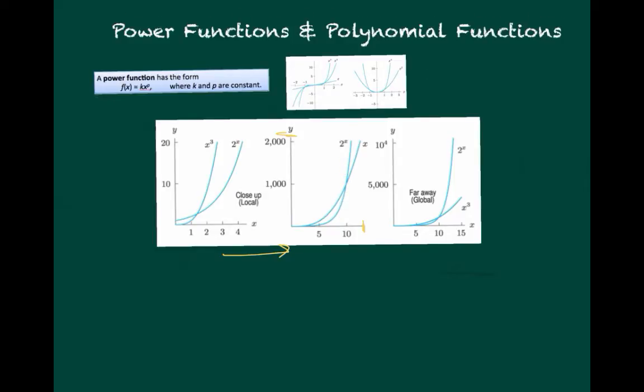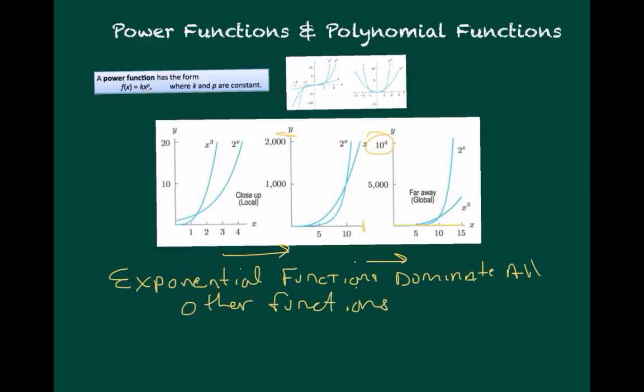So that when we finally get out to a really zoomed out window, where x is from 0 out to 15, but y is now 10 to the 4th, which is like 10,000, you can see that the growth of 2 to the x is practically vertical, and y equals x cubed is in fact kind of growing quite leisurely in comparison. So the important note to take away is that exponentials dominate power functions. In fact, exponentials dominate everything.